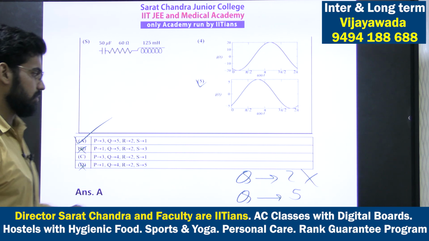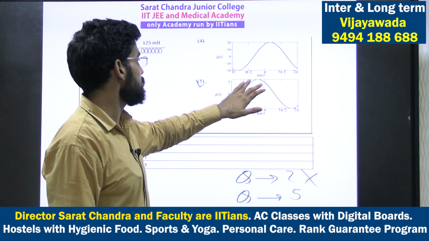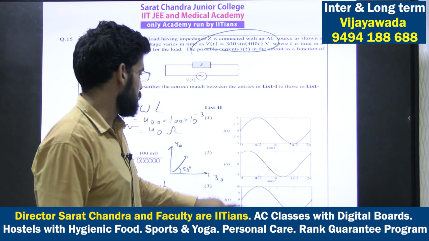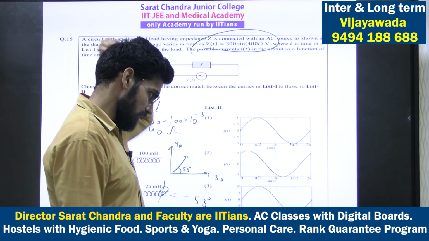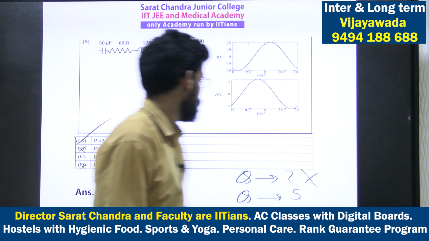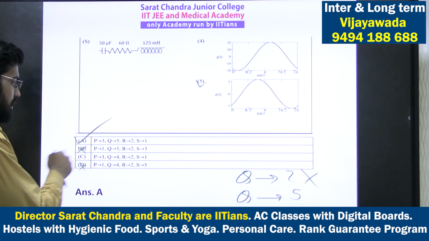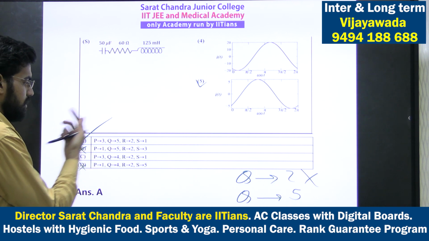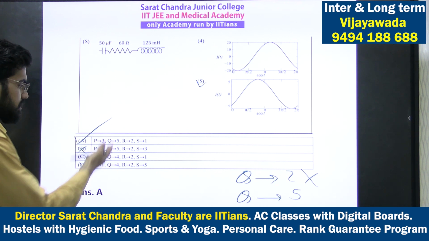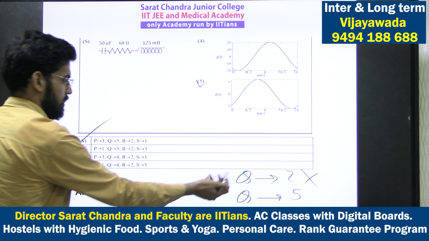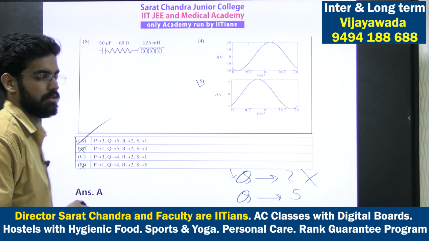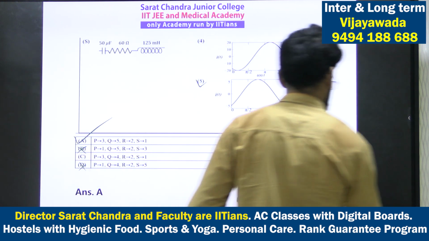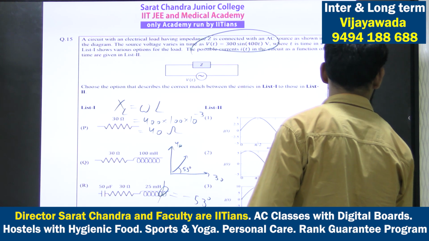Otherwise you can go with the amplitude: amplitude is 6 in the second option and the fifth option. But my options are A and C only, so 2 is not even in competition according to options. So 5 is the only one in competition, so A option ticked. Okay, that's it. 15th done.